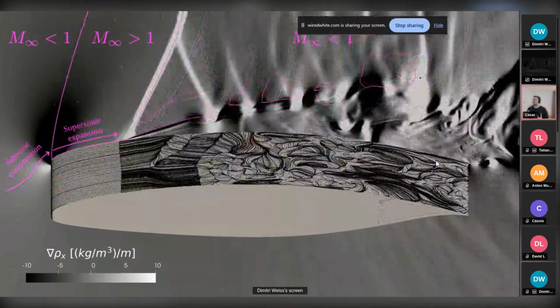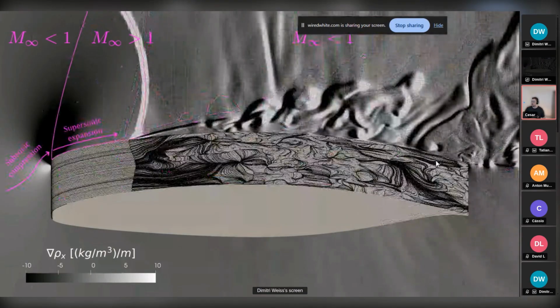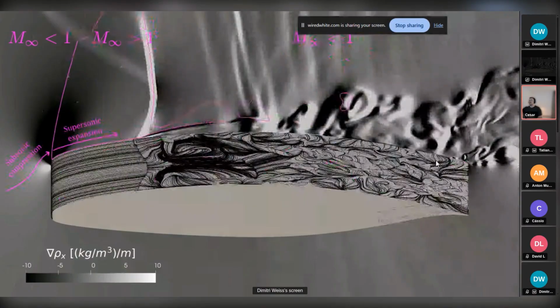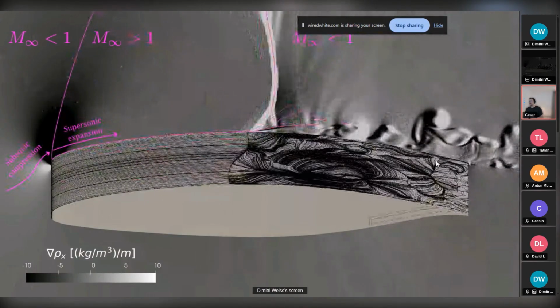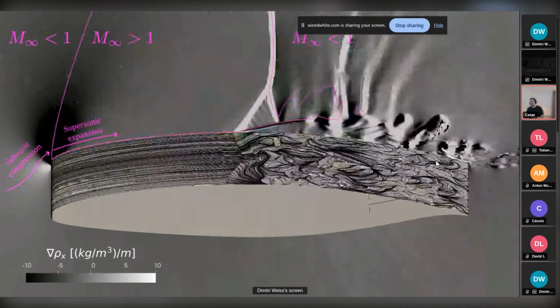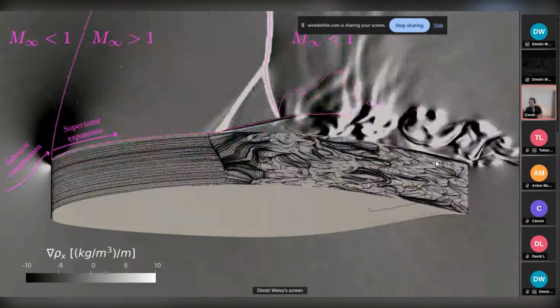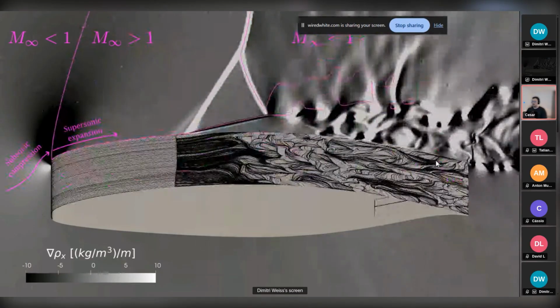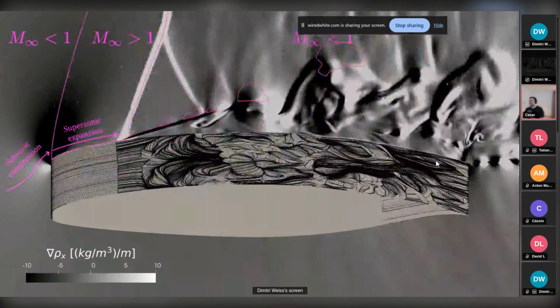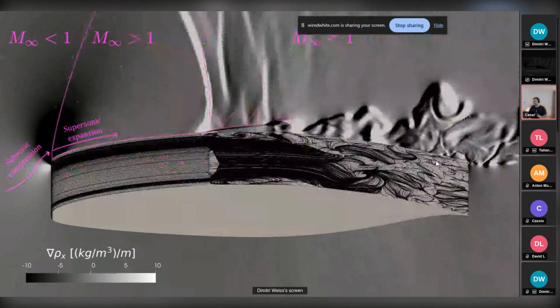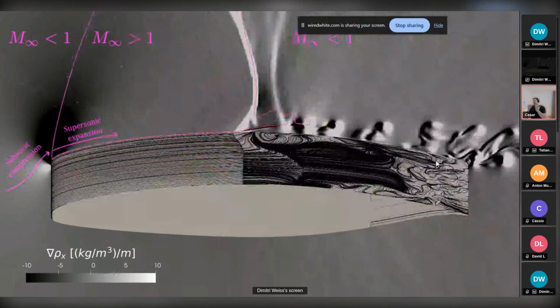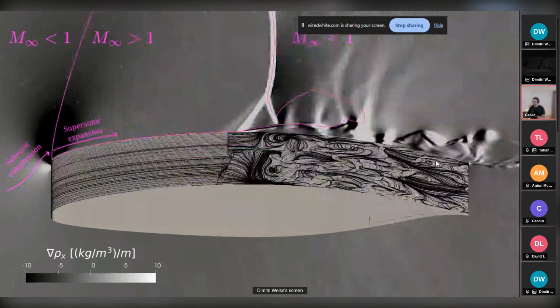So what we have here is that near the leading edge, we have a subsonic compression that accelerates the flow from subsonic to supersonic. And then once it reaches supersonic conditions, this is Mach 1 at the sonic line, the flow is further accelerated by the supersonic expansion, and this acceleration is sustained until the flow encounters the shock, and then is brought back to subsonic conditions.